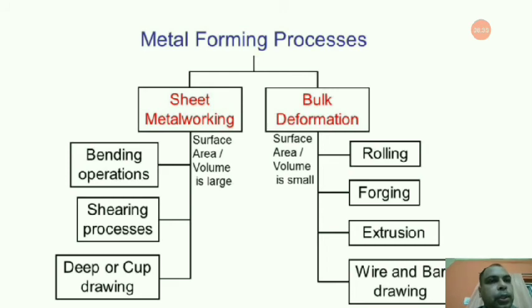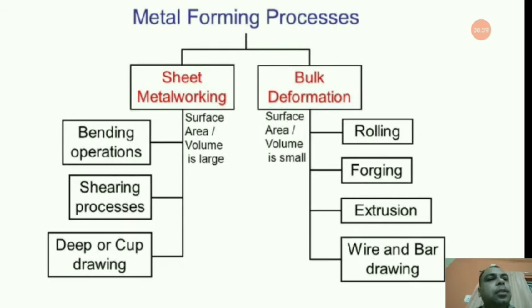Just to give you a small overview for the next class, I would like to share again what I previously shared: metal forming processes are mainly classified into two main categories, sheet metal working and bulk deformation. In detail, we will be studying in the next classes.